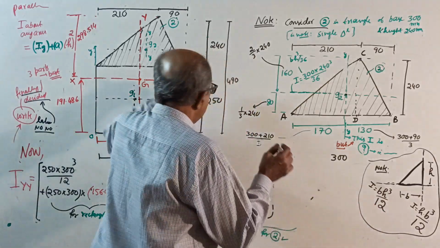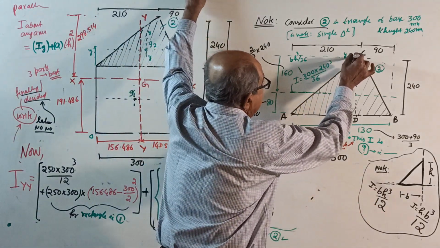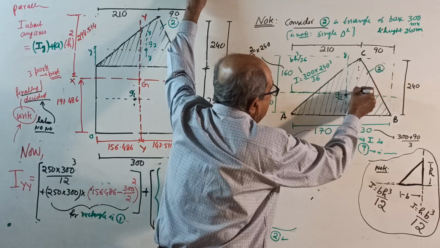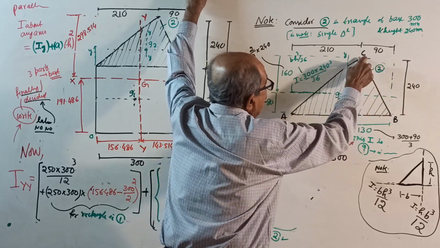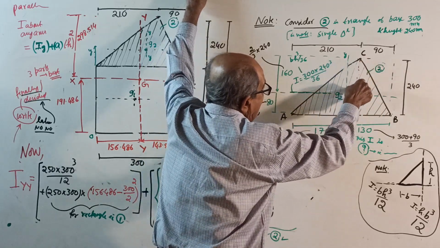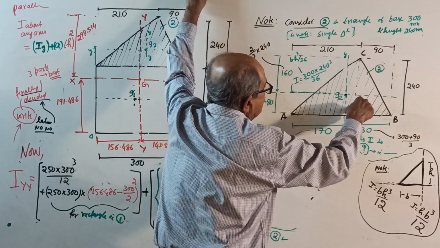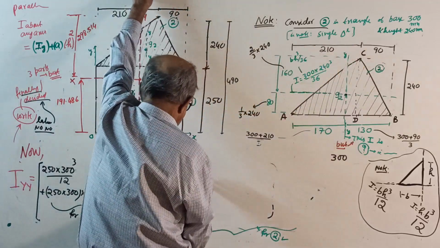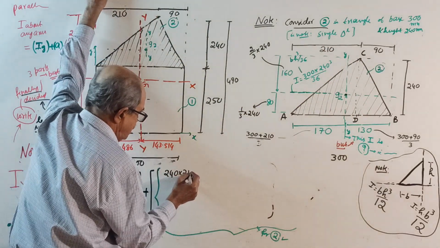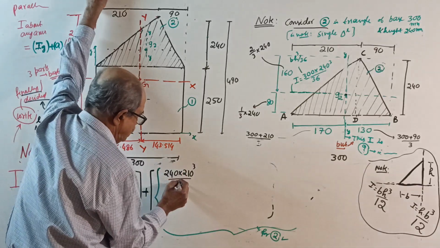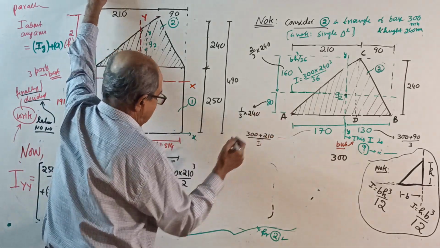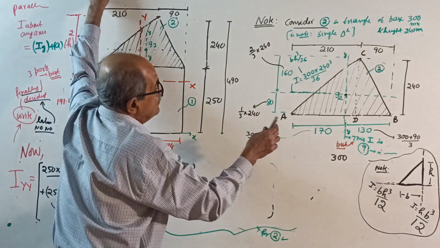Now do one thing. If you want IG, Iyy, first you find I about this axis, ICD. How? For this triangle, I about this axis is 240 into 210 cube by 12, side by side, plus one more. See, that is for this side.